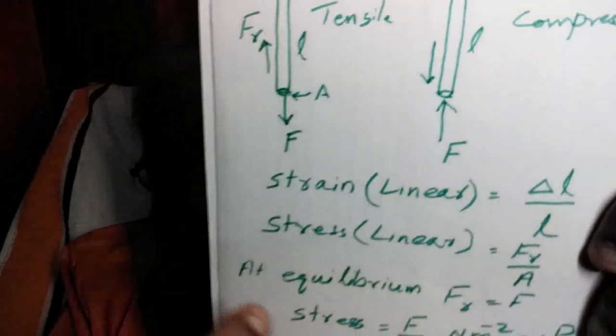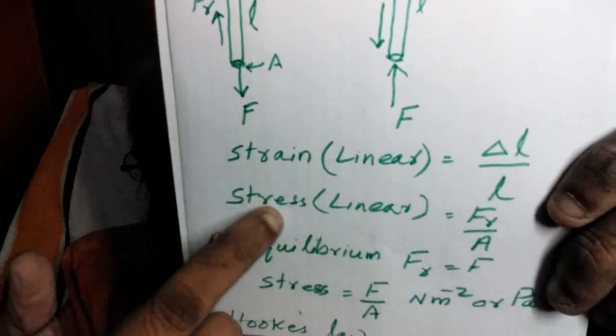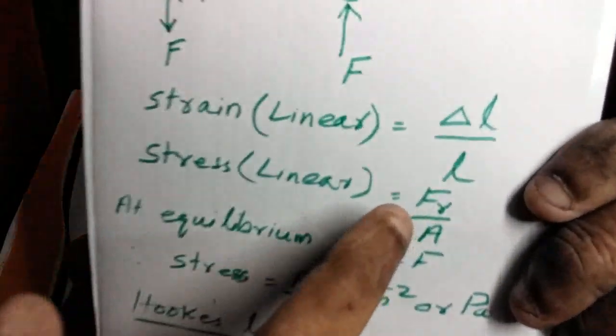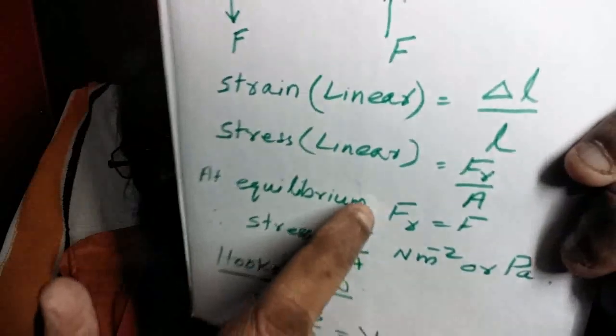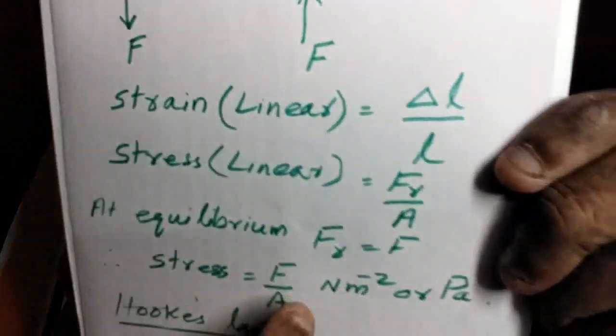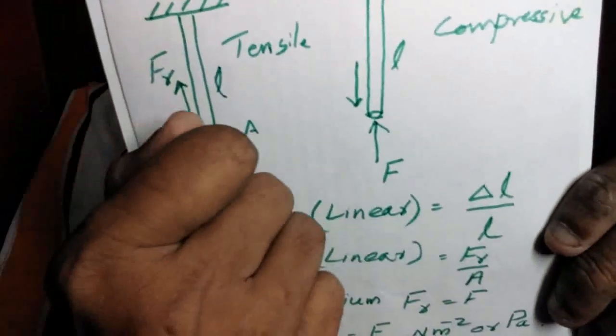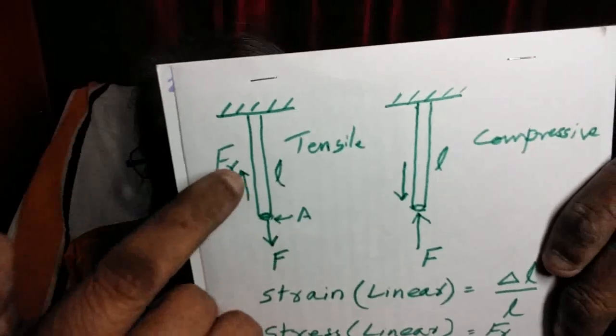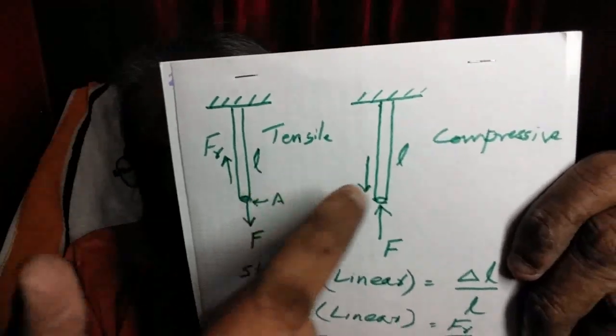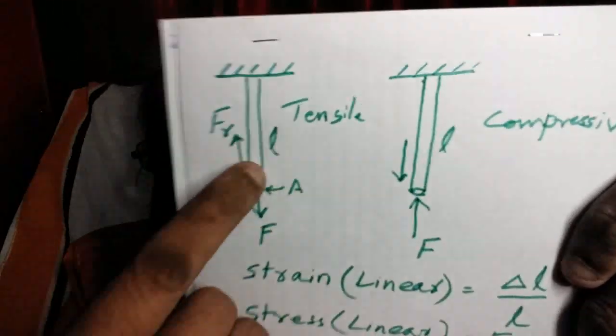So you can define stress as either restoring force by area or applied force by area when the system is at equilibrium. This is called tensile stress, this is compressive stress. Both these stresses are combinedly known as linear stress.